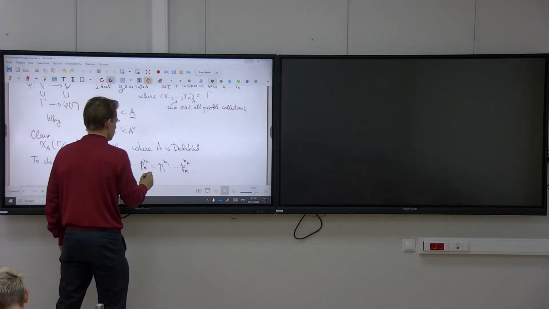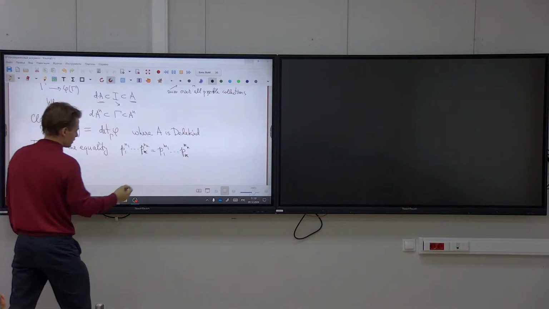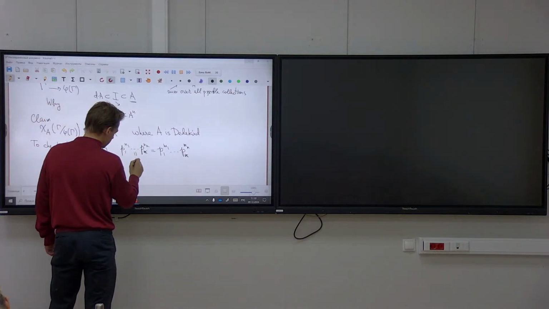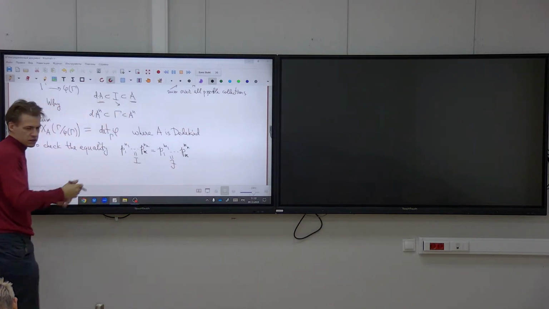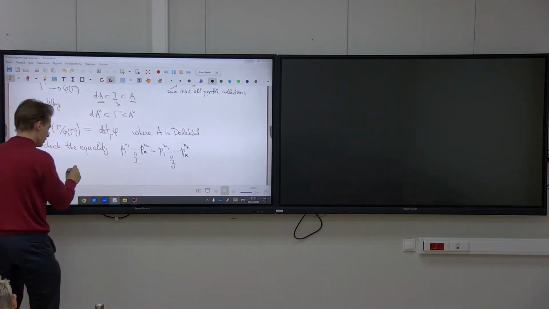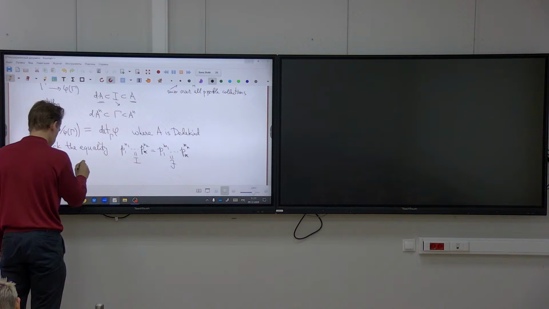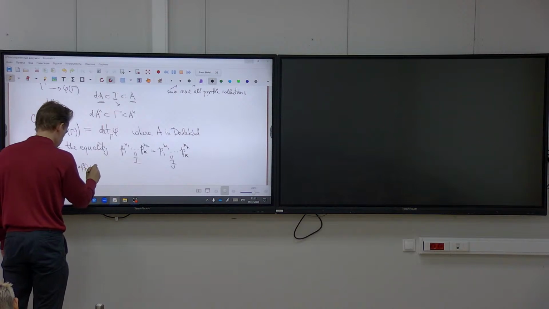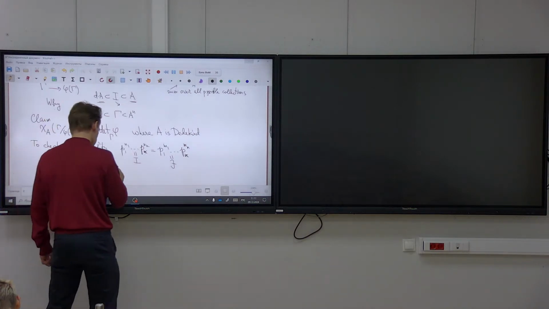So to check that an ideal I is equal to some ideal J, where they are decomposed into primes, it is sufficient to check the equality after localizations.